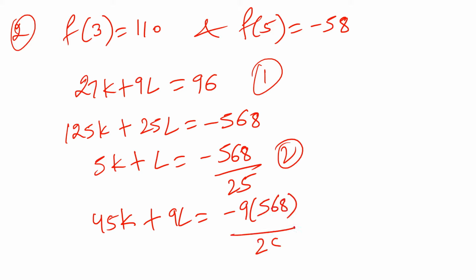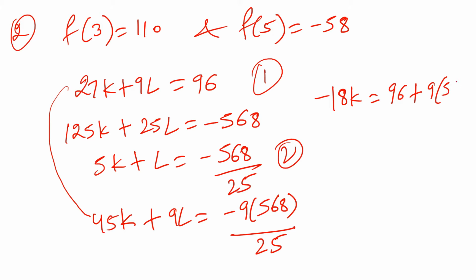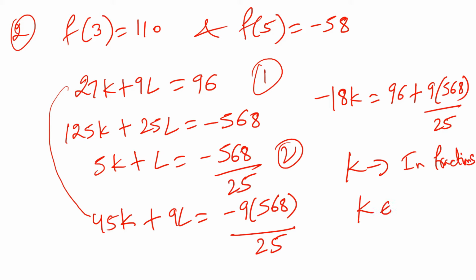I am just trying to show that when you subtract, you'll get minus 18k equal to 96 plus 9 into 568 divided by 25. And when we divide by minus 18, it's very clear that k will be in fractions, or it is not going to be an integer.